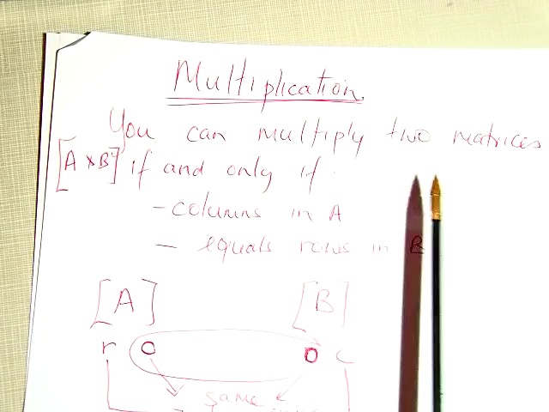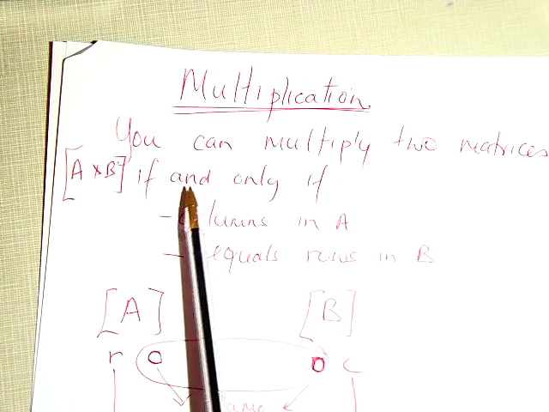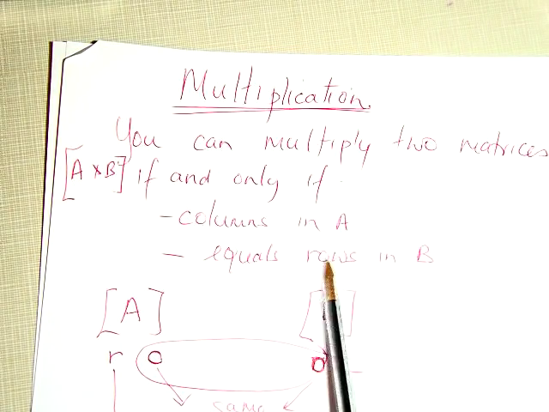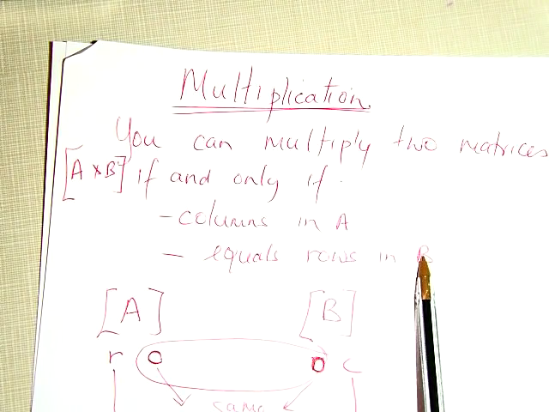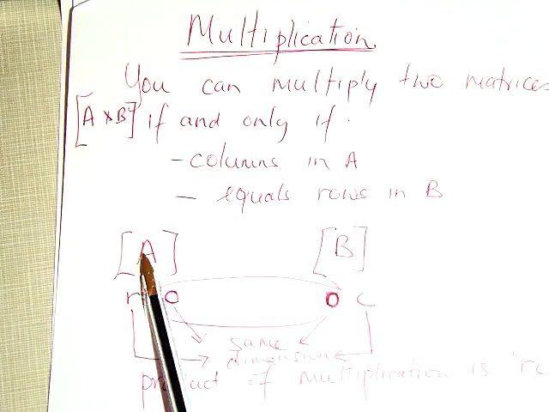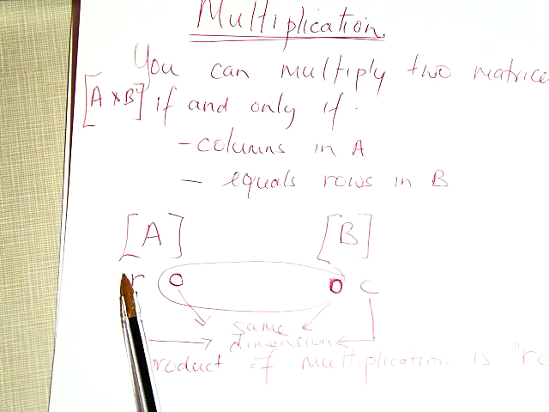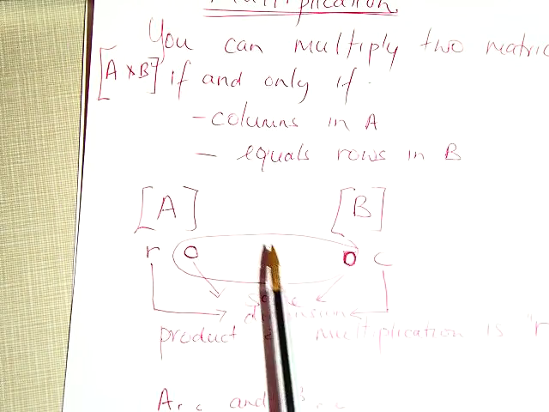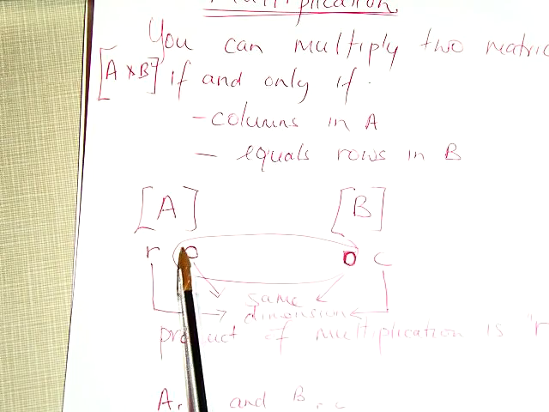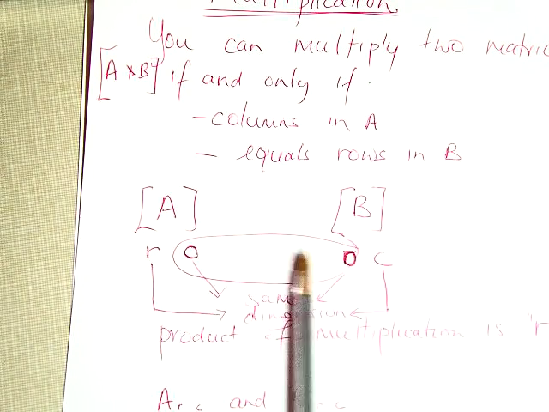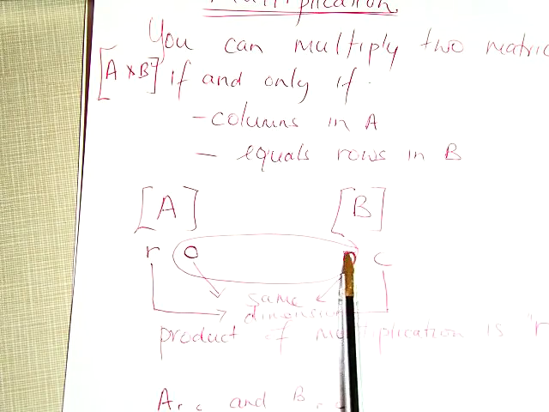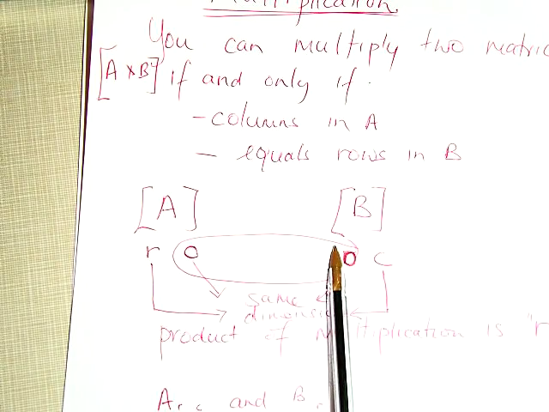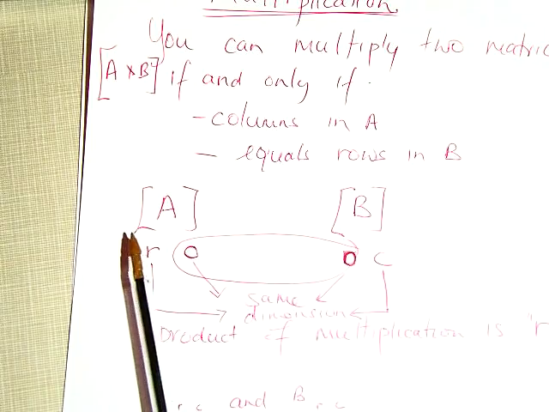And you can only multiply 2 matrices if the columns in matrix A, the first matrix, equals the rows in the second matrix B. So if I have 2 matrices A and B, and this represents the rows and columns for A, rows and columns for B, I can only multiply A times B if the column in matrix A matches the row number in matrix B. If those 2 values are the same, I can multiply that matrix, and the answer, the product, is always an R by C matrix.